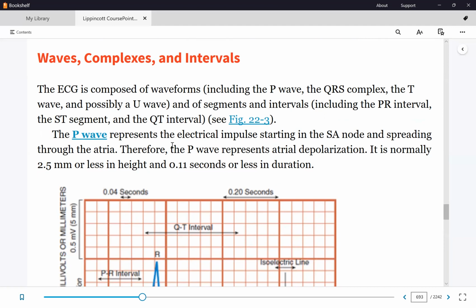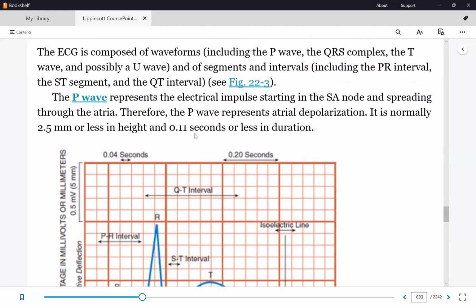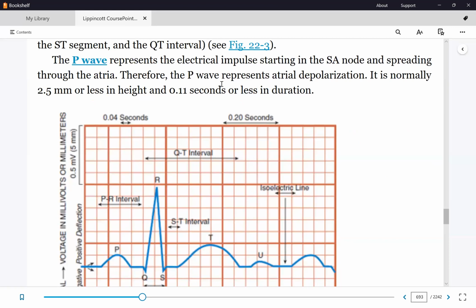So same way, when the SA node fires, will it take a long time for that impulse to travel to the left side? No. So therefore, both atria will contract at the same time. No difference. They will contract instantaneously because that's how fast the electrical impulse travels. So when we see a P wave, that's good, okay? Because what are the two meanings of a P wave?